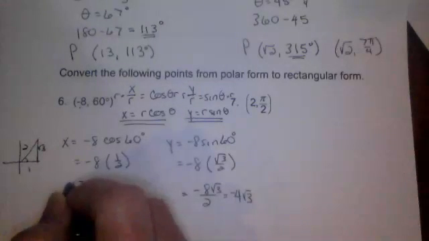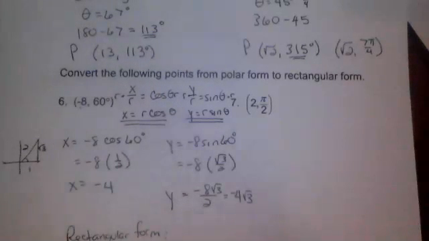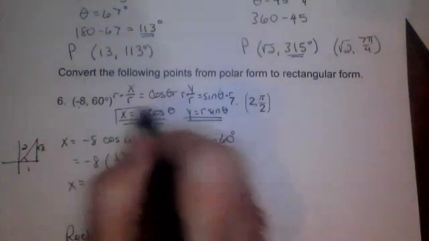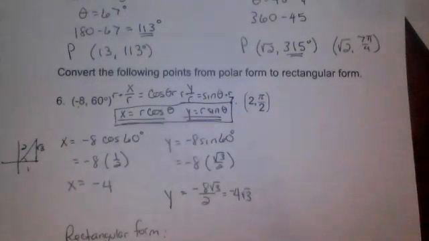So this is my x, this is my y. So the rectangular form of that coordinate is going to be -4, -4 square root of 3. All right, so these are going to be important right here to make your conversions from polar to rectangular form.